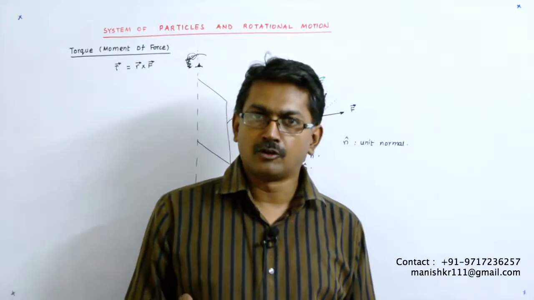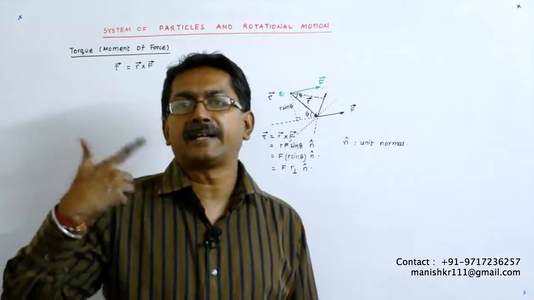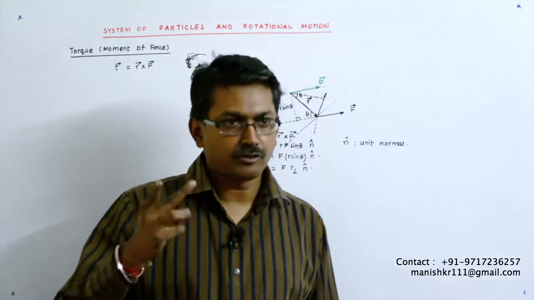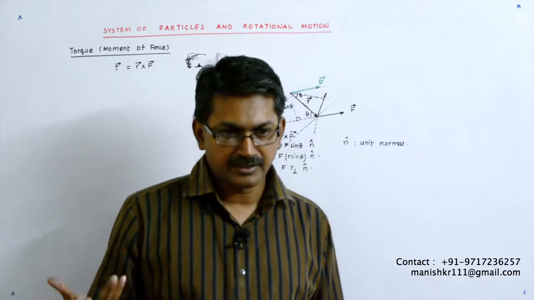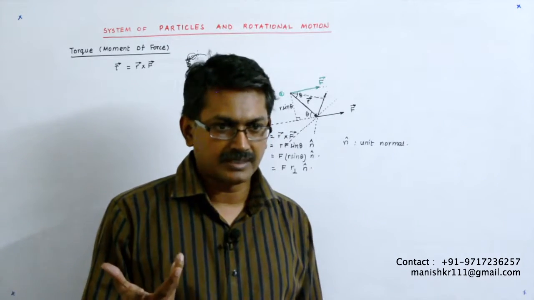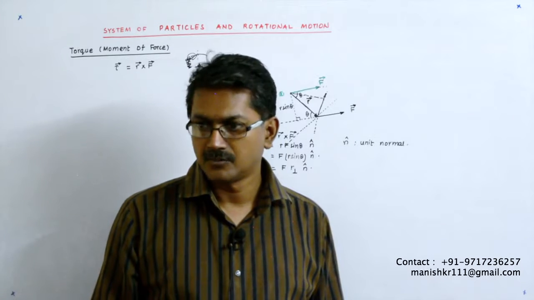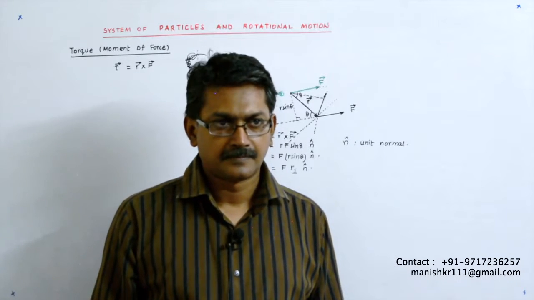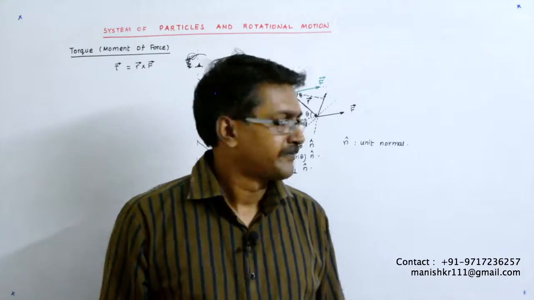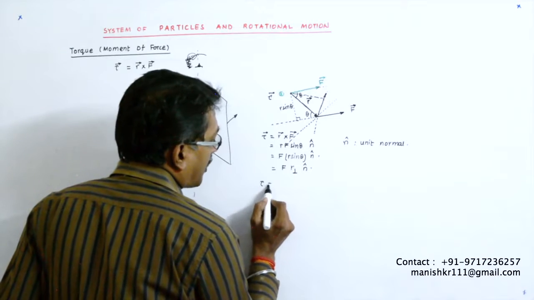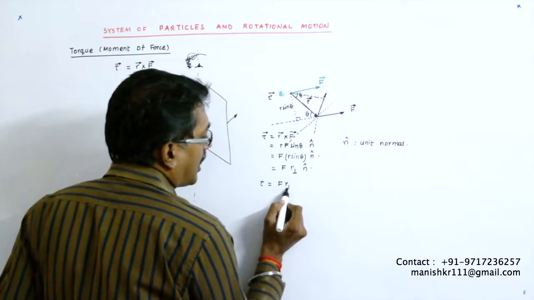Because with the same force, since your r perpendicular starts going up, it is F into r perpendicular that is actually giving you the torque, the advantage of rotation. Correct? So the magnitude of torque is F into r perpendicular.